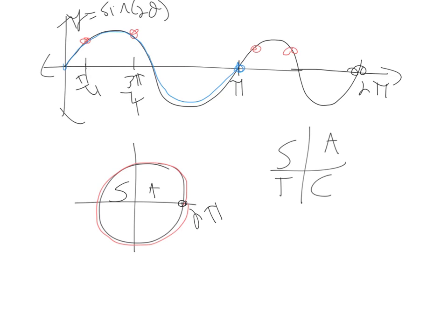But now instead of pi over 4 and 3 pi over 4, I'm going to add 2 pi to those values, because I'm going around the circle for the second time. So instead of pi over 4, and if you need a little refresher, remember that 2 pi is 8 pi over 4, so I'm going around one more fourth to 9 pi over 4.